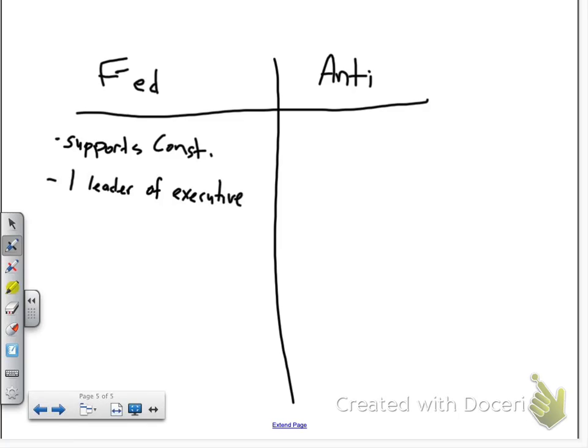What else? Katie? They like the idea of different branches of government. Yep, they like the idea of dividing powers with the different branches. Okay, the legislature, executive, and judicial. What else? Leah? They like to give more power to the national government. Yep.